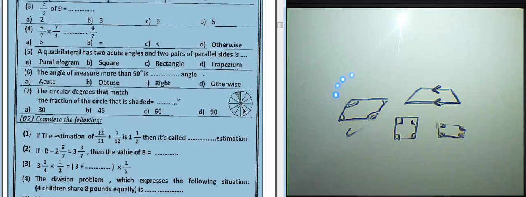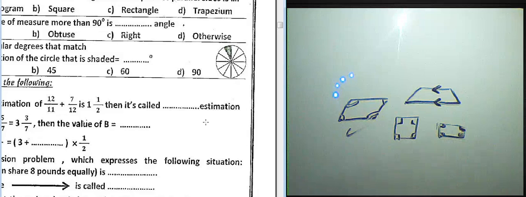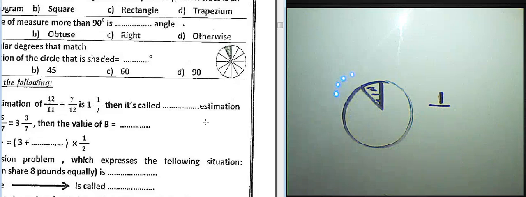Question 7. The circular degree that matches the fraction of the circle that is shaded. We can count all the parts, make the fraction, and multiply the result by 360. Why? Because the measure of a circle equals 360. In this circle we have one part colored over how many parts?